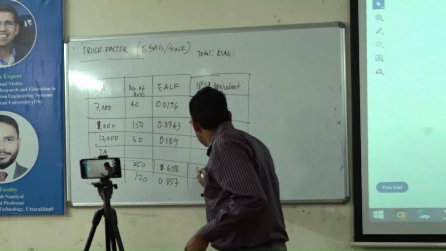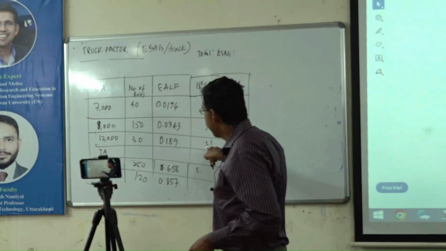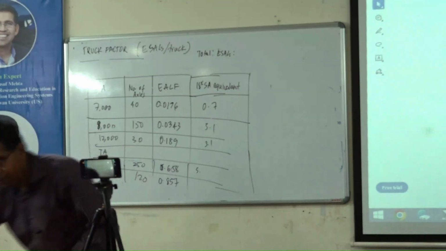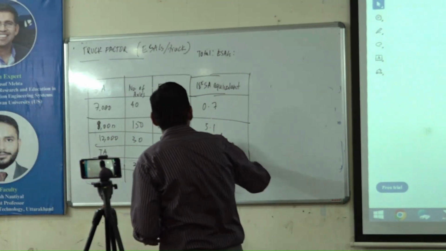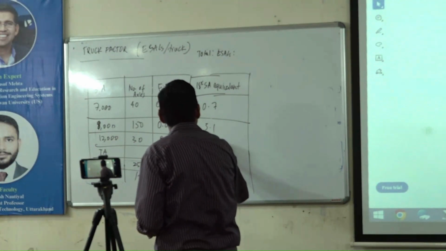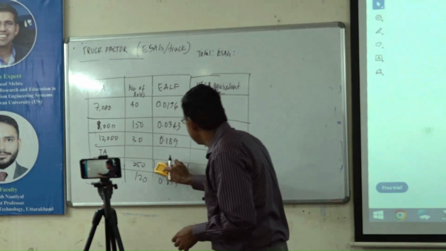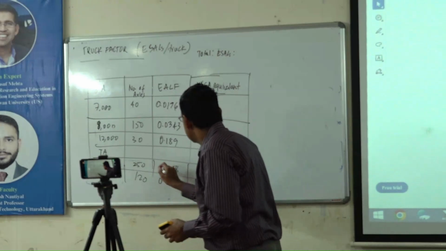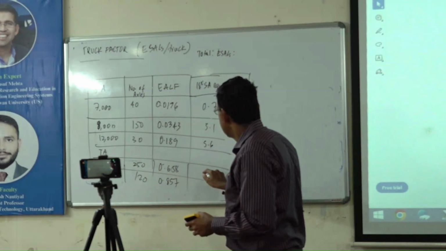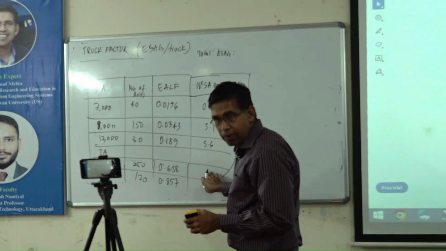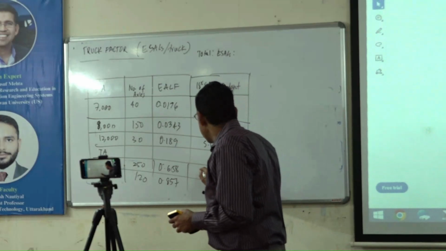In place of 3.1, it is 5.6. This is 5.6? Yeah, multiplication. Okay, what is this one? 250 times 0.658. Okay, last one.